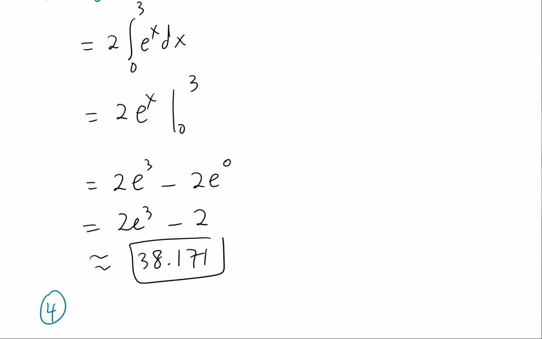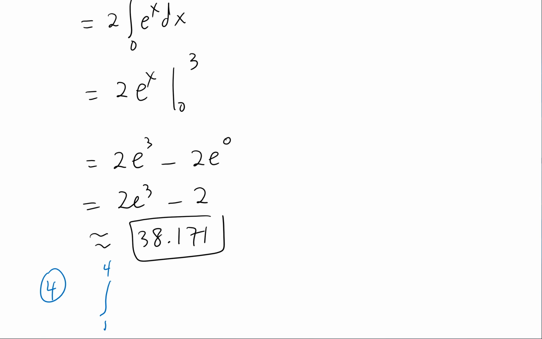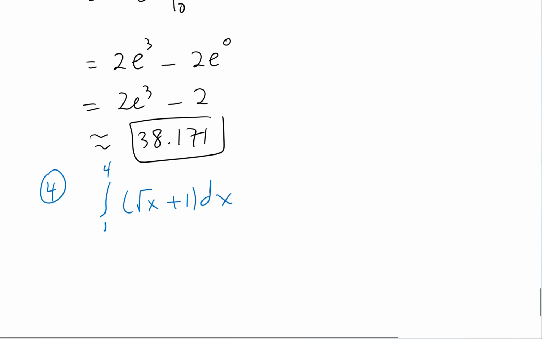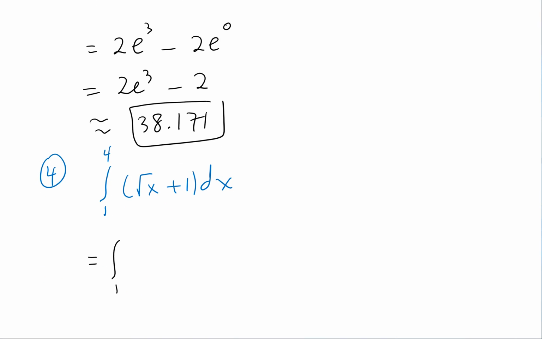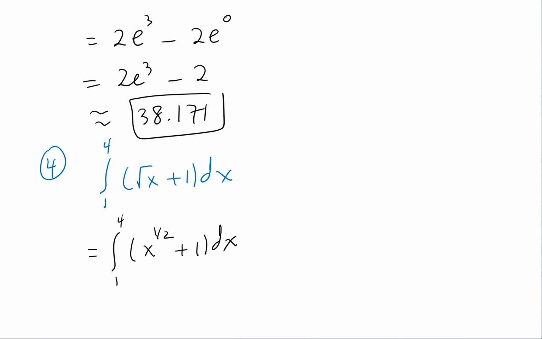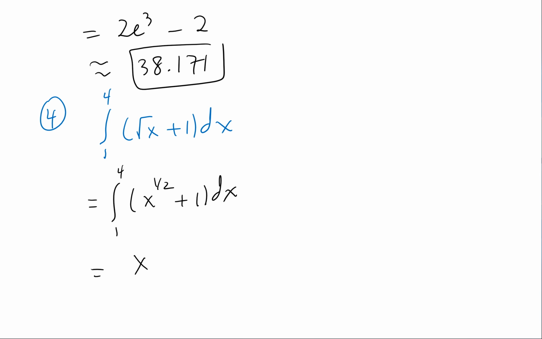Number 4, the integral from 1 to 4, square root of x plus 1 dx. Again, we can integrate this by rewriting it as x to the 1/2 plus 1 dx. So this is x to the 1/2, you add 1 to the exponent, you get 3/2 divided by the same number, plus x, from x equals 1 to x equals 4.